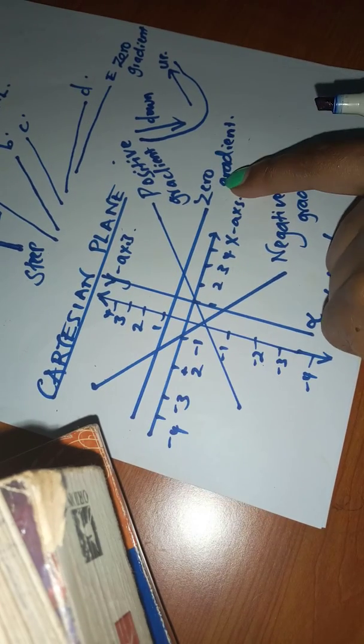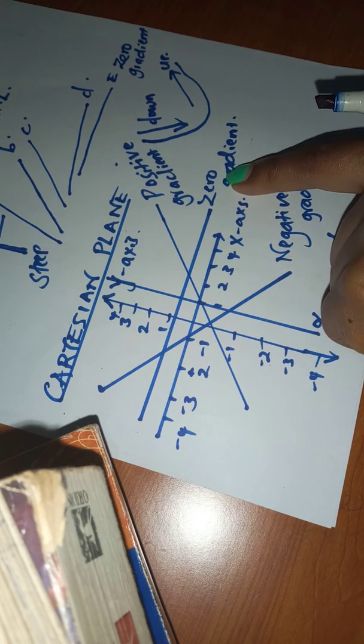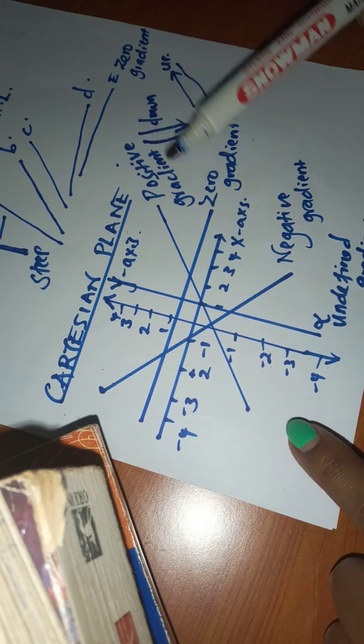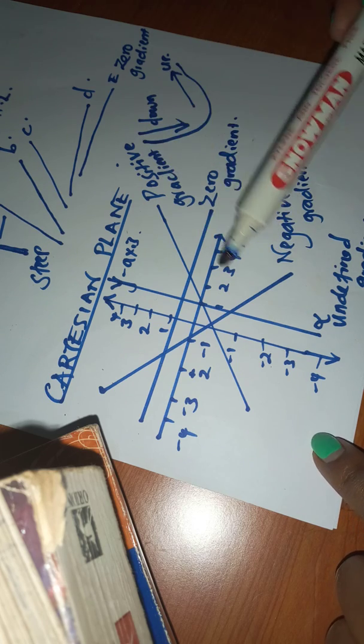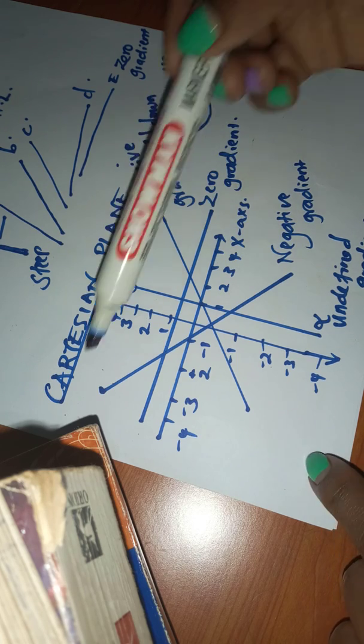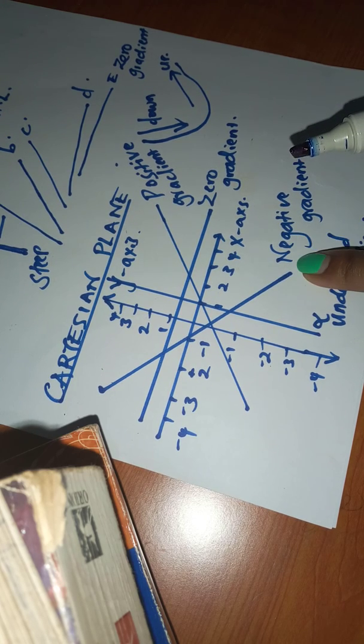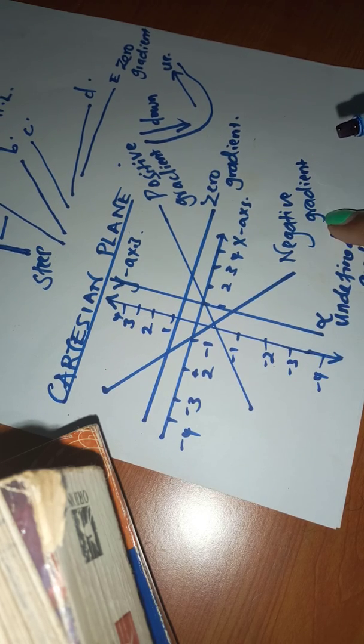There is no steepness there, just flat ground. And when it's running positive, you have to go uphill, so that is a positive gradient. When it is running towards the negative values of y, we call it a negative gradient.